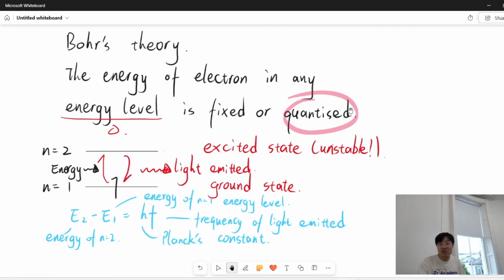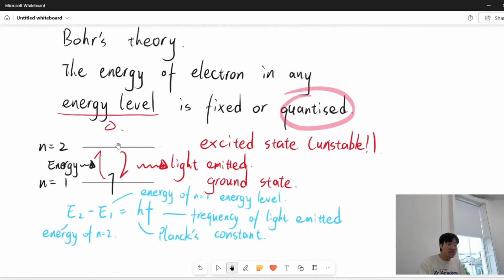You can choose either word. And secondly, you draw a diagram like this and tell people that the electron can jump from the ground state to the excited state, and it can also go back from the excited state to the ground state because the excited state is not stable.